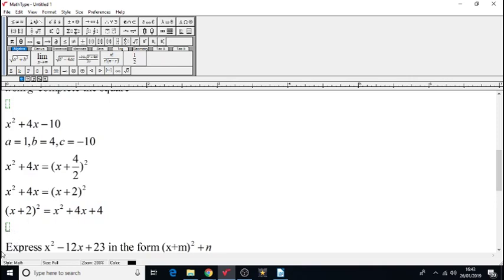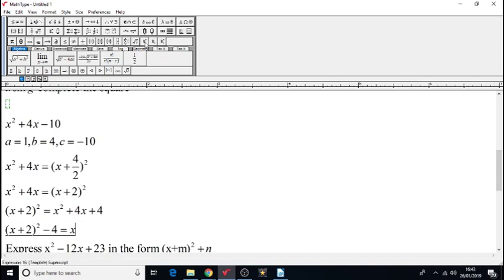So now we have x plus 2 squared minus 4 is equal to x squared plus 4x.